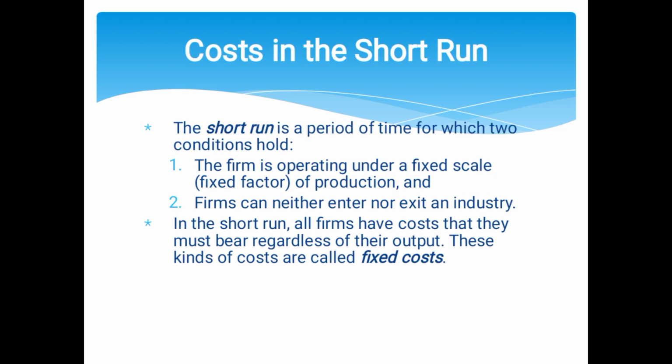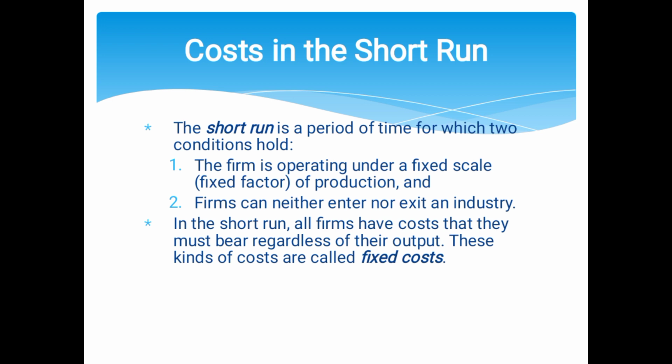The short run is a period of time for which two conditions hold. First, the firm is operating under a fixed scale, fixed factor of production, and number two, firms can neither enter nor exit an industry.